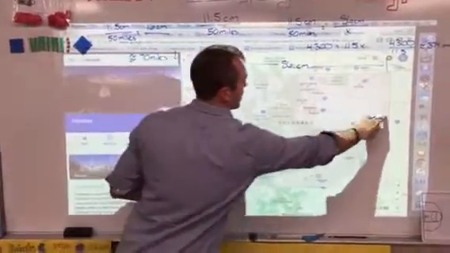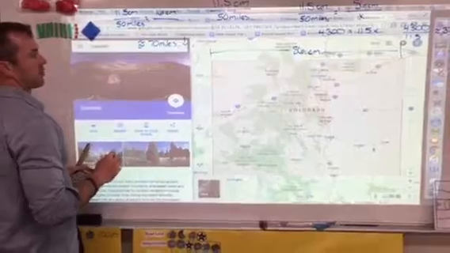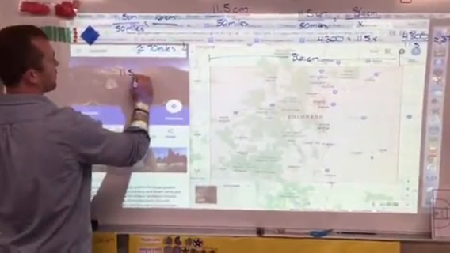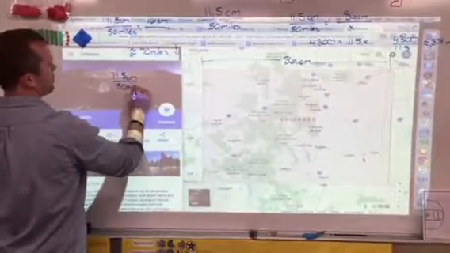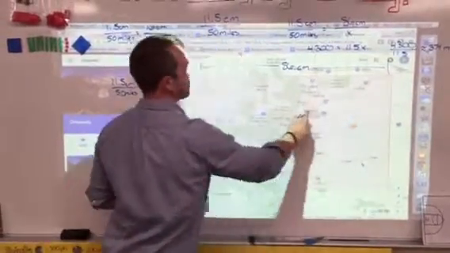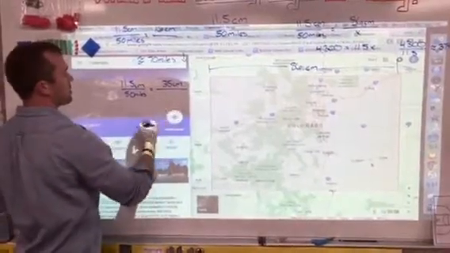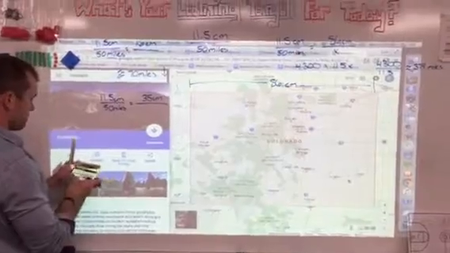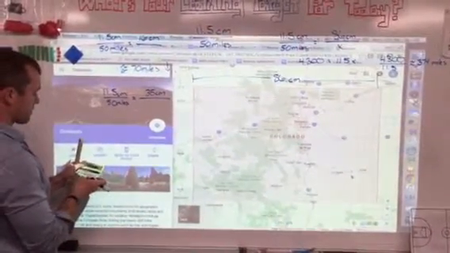Now I also need to figure out this one, how far to the west it would be from the eastern border. So I know that it is 35, so I'm going to use the same scale, 11.5 centimeters equals 50 miles. Equivalent to what? I said this from here to here was 35 centimeters. So I'm going to cross multiply and divide. 50 times 35.